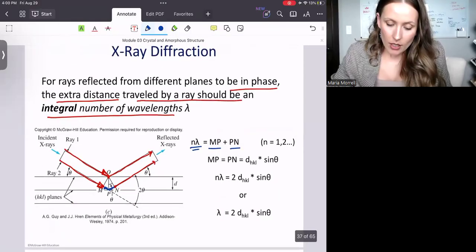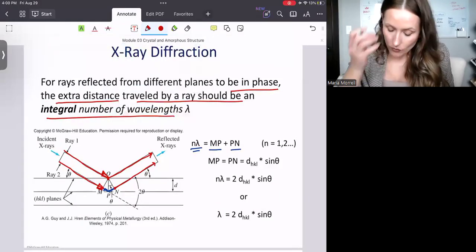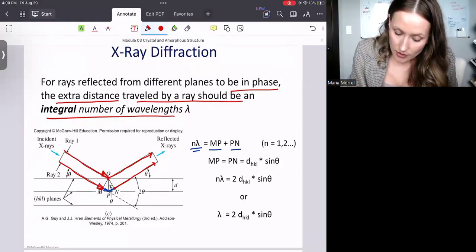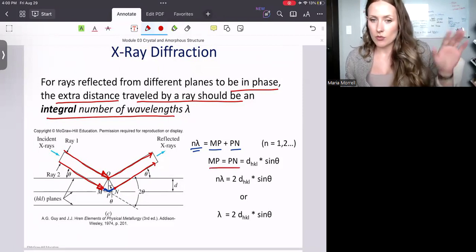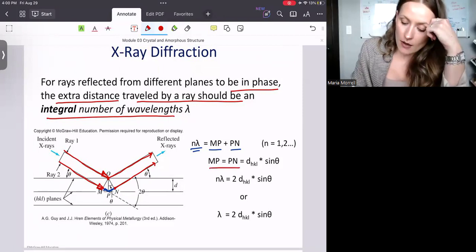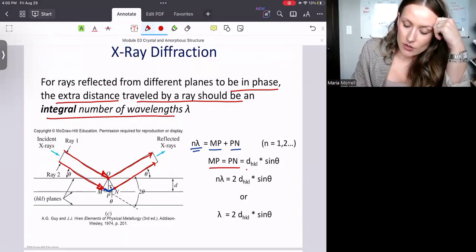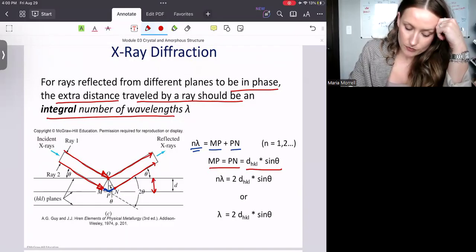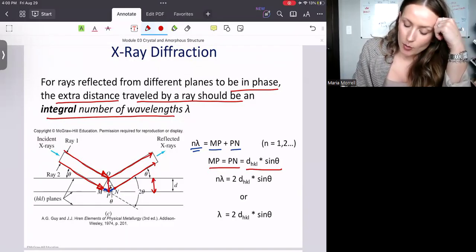Now, if we apply a little bit of geometry, we can also find out that MP and PN are equal distances. They are also equal to the interplanar distance, which is your distance right here, multiplied by the sine of angle theta.